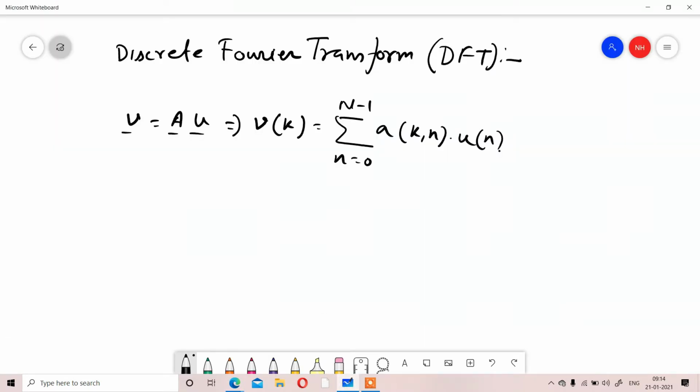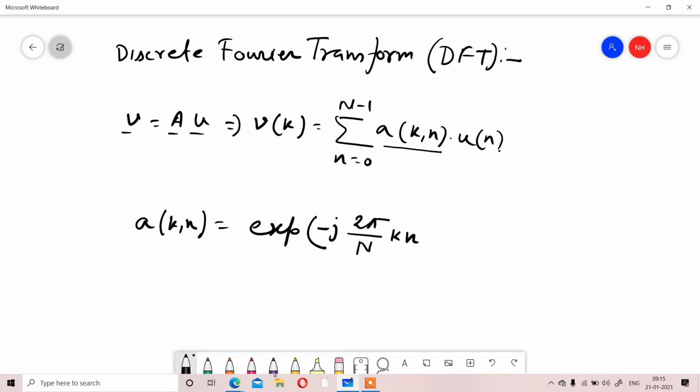Now already I have told you that depending on the operation or depending on the technique, what should be the transformation matrix A, that will be our choice. So for discrete Fourier transform, all of you know that the transformation matrix is defined as exponential minus j 2 pi by capital N K n.